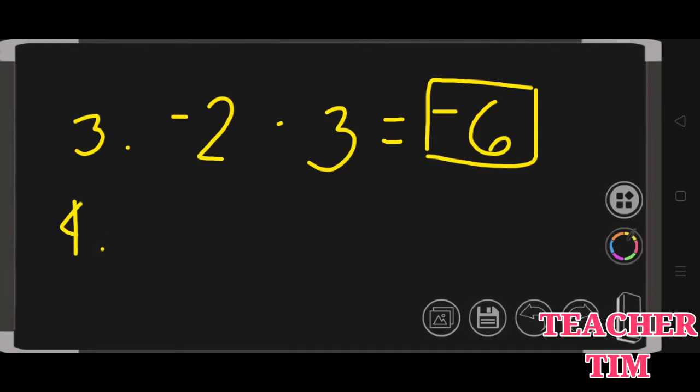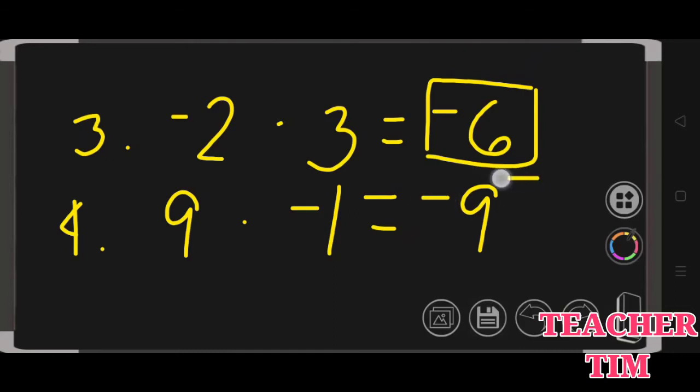So negative 2 times 3 is negative 6. Example number 4, we have 9 times negative 1. Again, they have different signs. So 9 times 1, that is 9. And unlike signs, when you multiply them, the answer is negative. So 9 times negative 1 is negative 9.